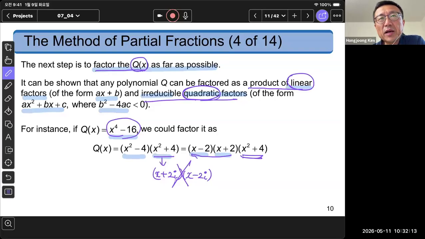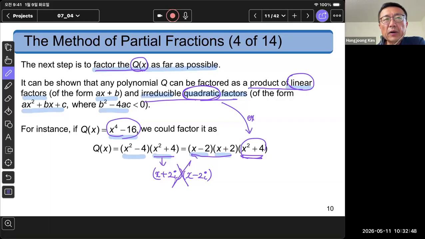When I say irreducible, it means that if you were to factor the quadratic factor, you must consider complex numbers. So if your quadratic factor cannot be factored within the real coefficients, then such a quadratic factor is called irreducible. And x squared plus 4 is an example of such an irreducible quadratic factor.